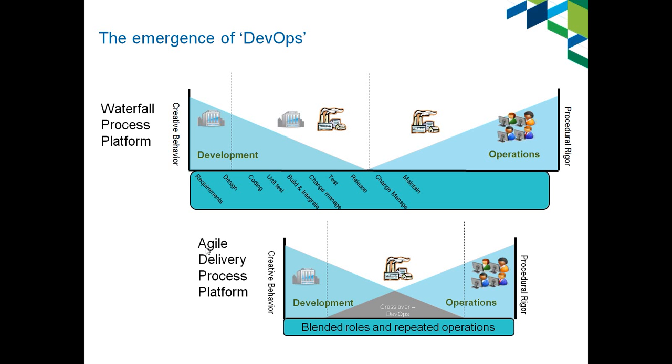DevOps is often seen as a reason to get these teams together. There are also some very good reasons to keep them apart, to be honest. You need that separation when you're talking about the resources used in production and the deployment into production environments.